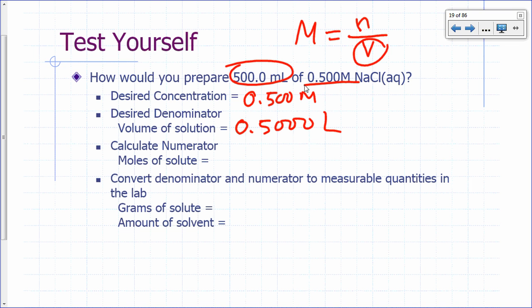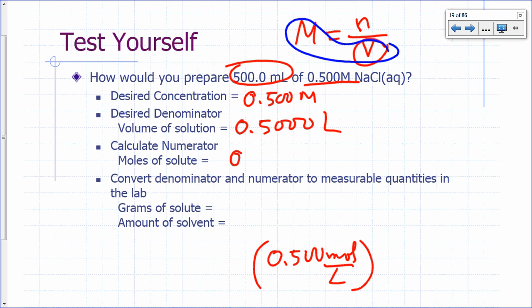So what's our numerator? Multiply molarity times volume: 0.500 moles per liter times 0.5000 liters gives you 0.25.